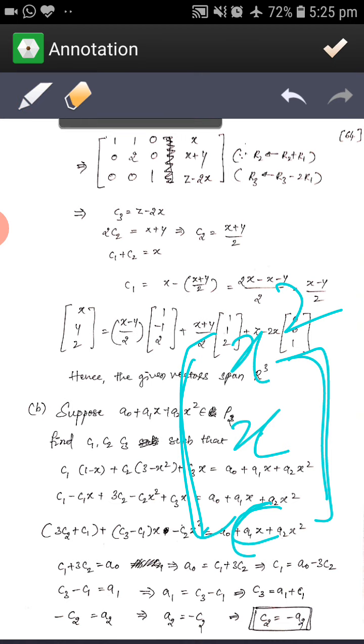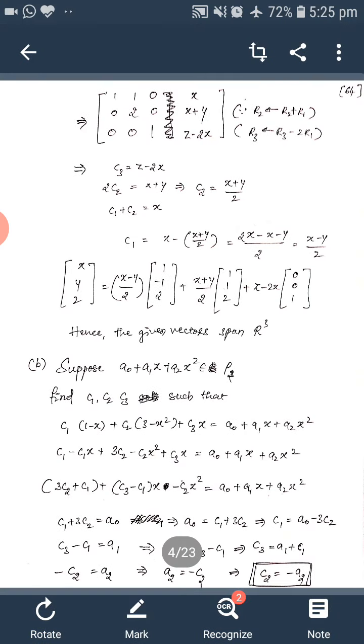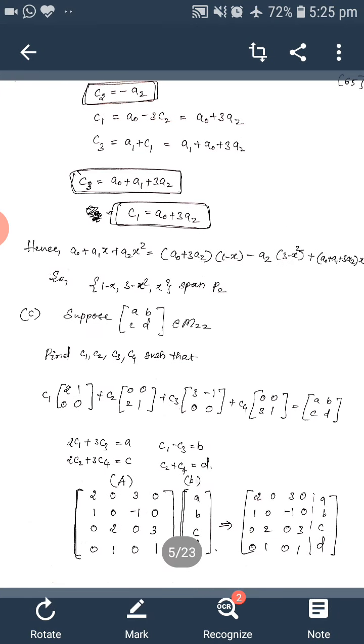So that problem also we can do, or we can do in this method also, anyone is possible. The third one similarly, we need to find c1 c2 c3, and hence this spans the polynomial equation here.